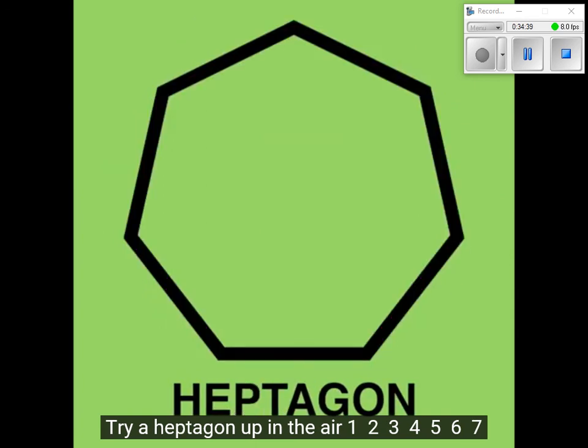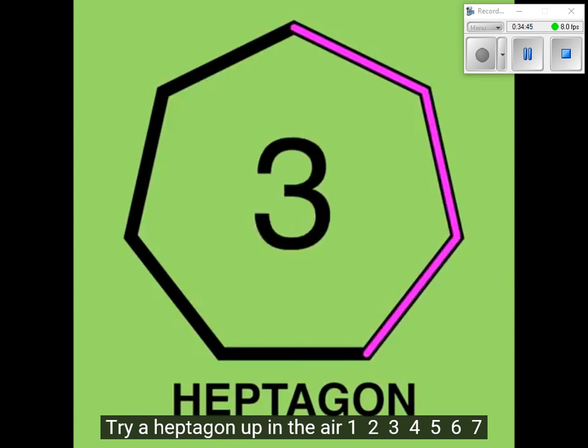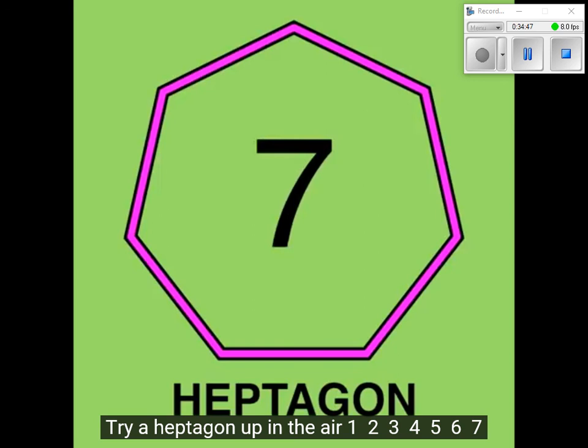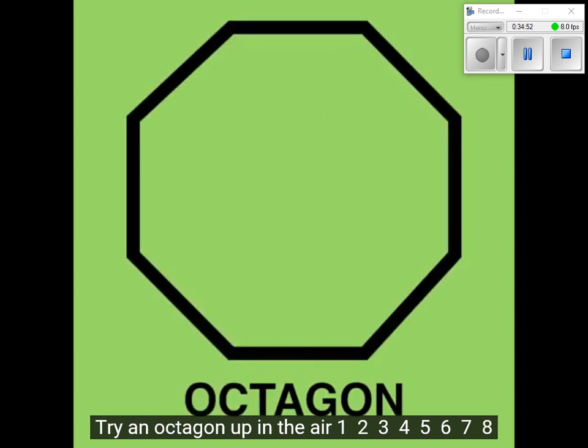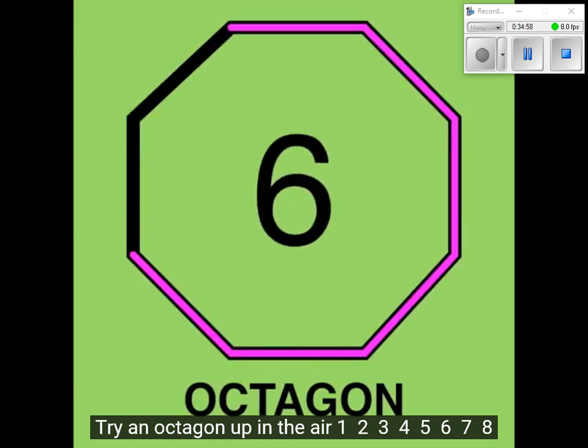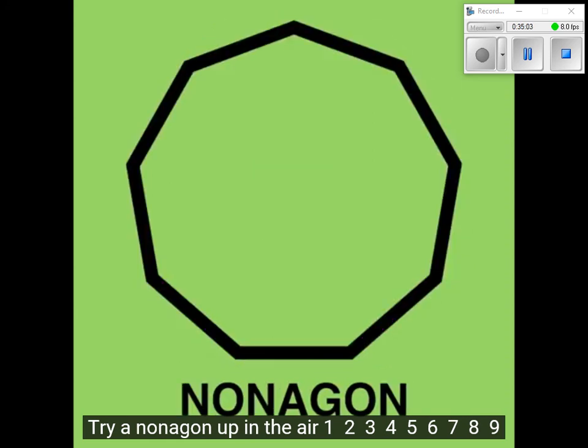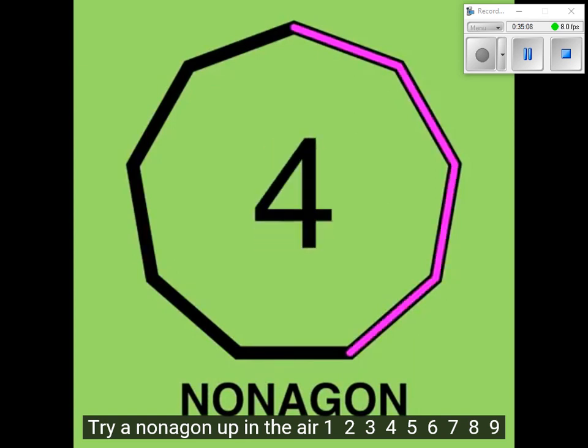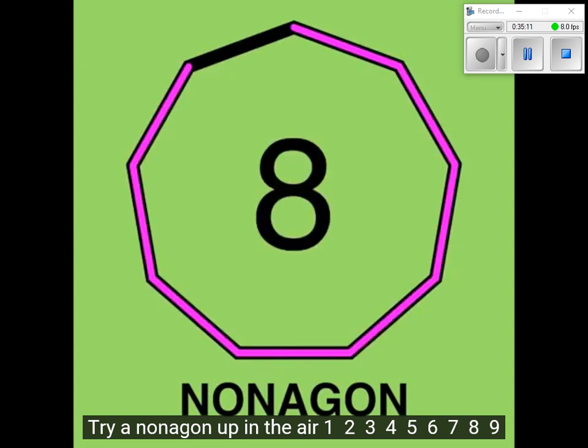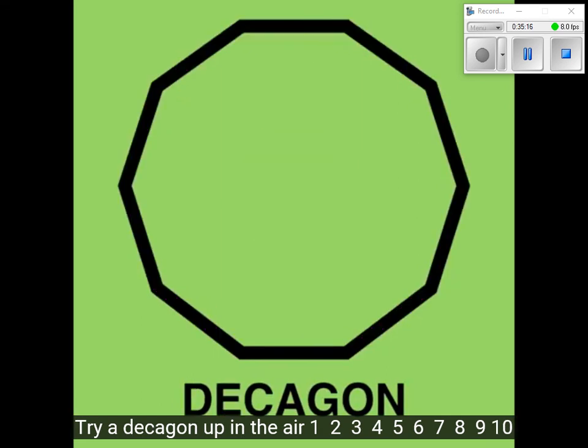Try a heptagon up in the air. 1, 2, 3, 4, 5, 6, 7. Ethan, you're not amused. Heptagon up in the air. You're not amused. 1, 2, 3, 4, 5, 6, 7, 8. Sorry, this is not something I do very often. Air. 1, 2, 3, 4, 5, 6, 7, 8, 9. That cheese sound effect. Try a decagon up in the air.